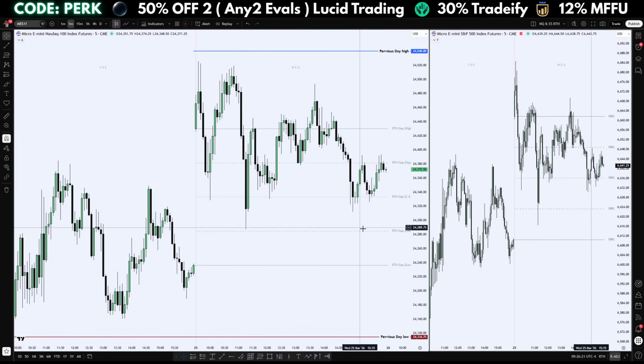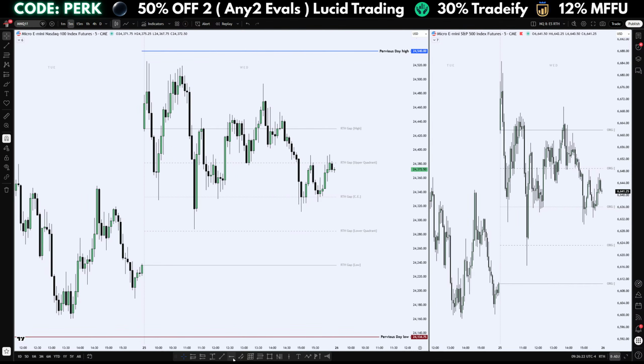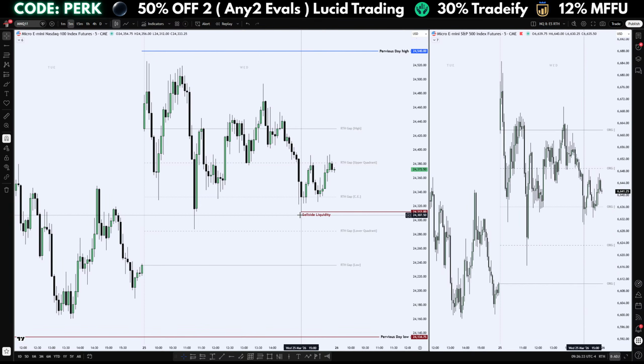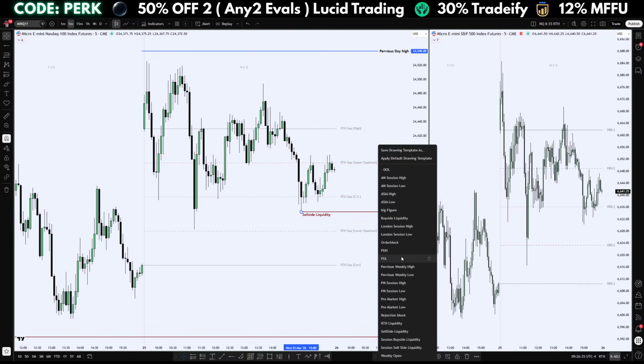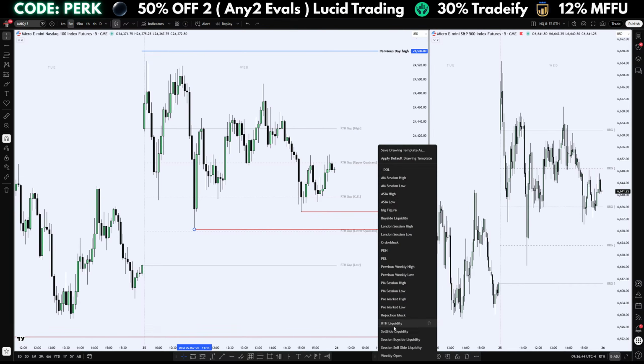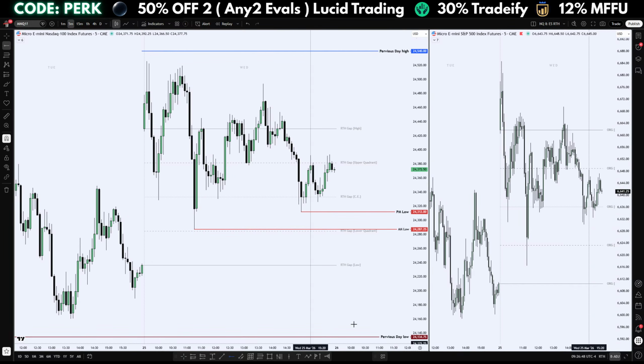If you check the RTH chart, we are going to get a context on a RTH chart only, because on a ATH we don't have a bias. This is the sell side liquidity we are focusing on, the PM session low, and also we have the yesterday's AM session low, and we are also going to mark down the yesterday's PM session high.